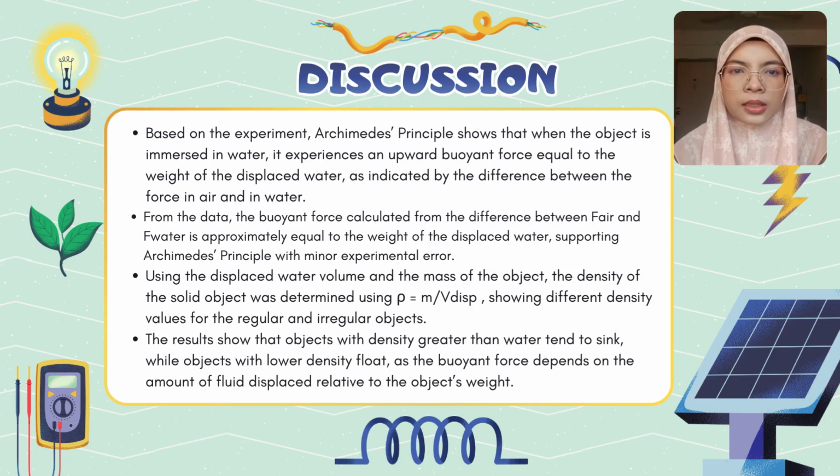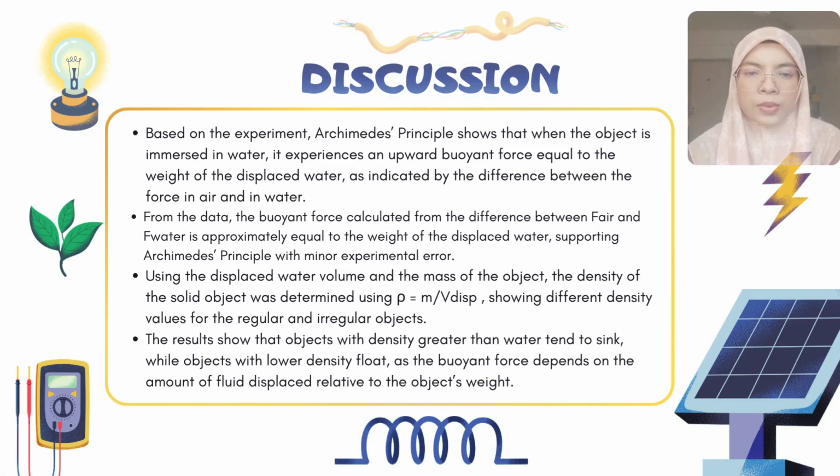The results also show that objects with density greater than water tend to sink, while objects with lower density float, depending on the amount of water displaced relative to the object's weight.